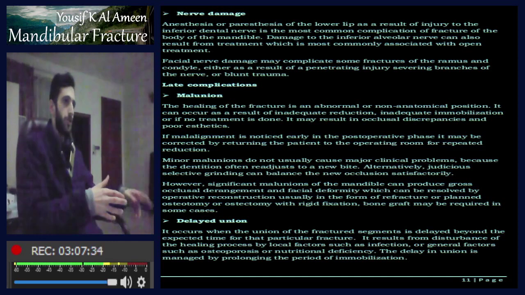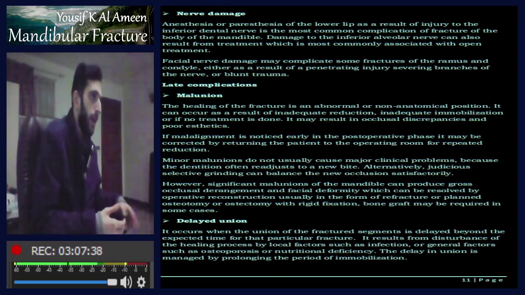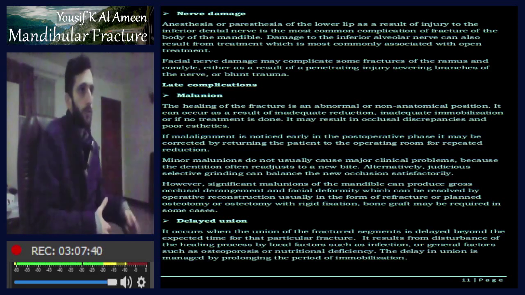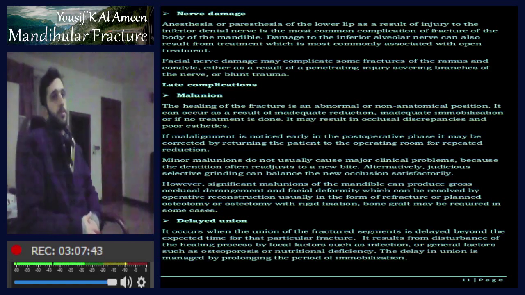Refracture or planned osteotomy with rigid fixation and bone graft may be required in some cases.